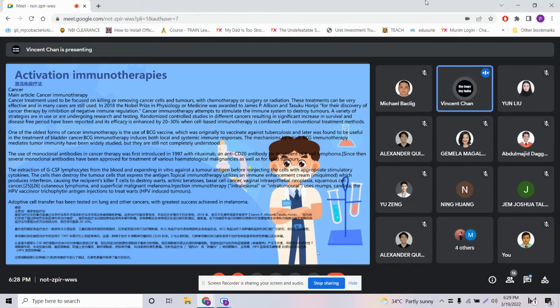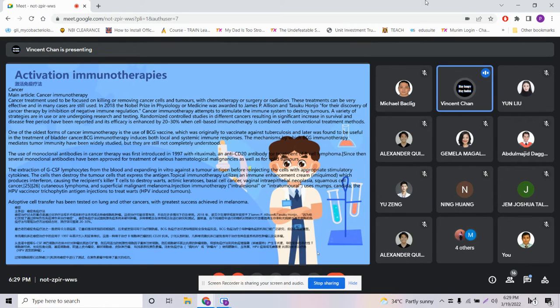One of the oldest forms of cancer immunotherapy is the use of BCG vaccine, which was originally used to vaccinate against tuberculosis and later was found to be useful in the treatment of bladder cancer.